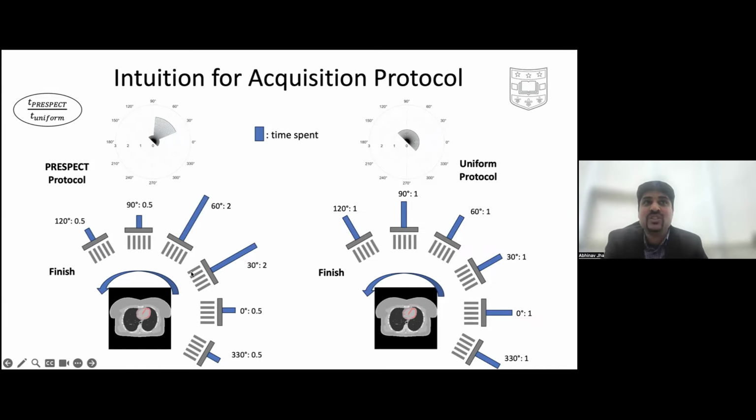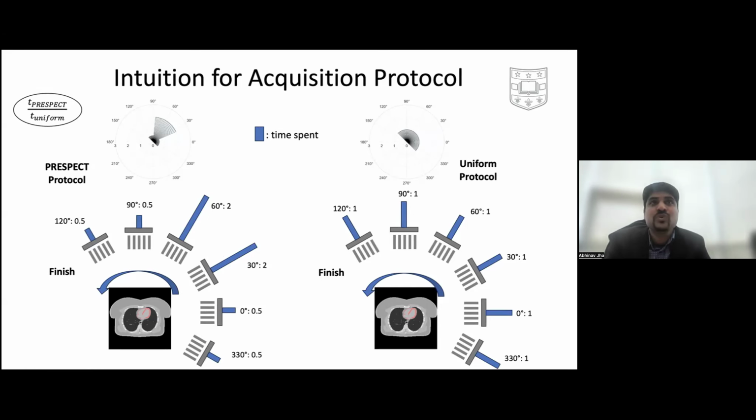The way we optimize is using information theory-based concepts. We try to maximize detectability and find the amount of time spent in each view that leads to maximum detectability for the patient. You can do this because you can take the CT scan of the patient, so you know the body habitus, and therefore you can find the amount of time spent which will lead to increased detectability.